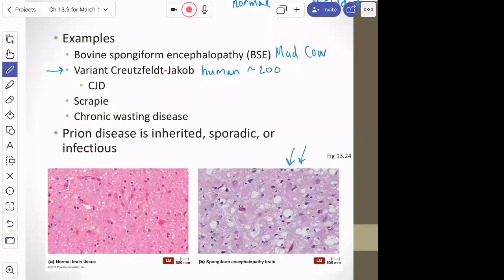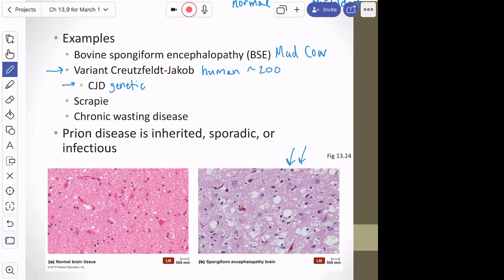Creutzfeldt-Jakob, so regular CJD, as opposed to variant CJD, is when it's passed on genetically. So it's the genetic form of mad cow, basically.